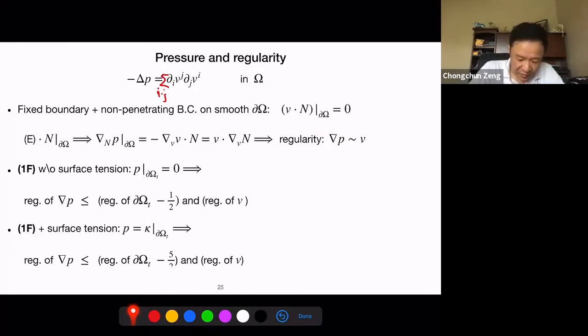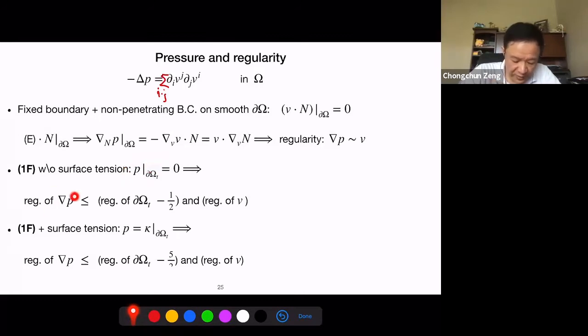But in the free boundary problem, when the free boundary itself is moving, and the regularity itself is an issue, we know that without surface tension, the pressure is equal to 0 on the free boundary. If you combine this boundary condition and the Poisson equation, then when you solve the Poisson equation, the pressure should not be more than half a derivative better than the regularity of the boundary.